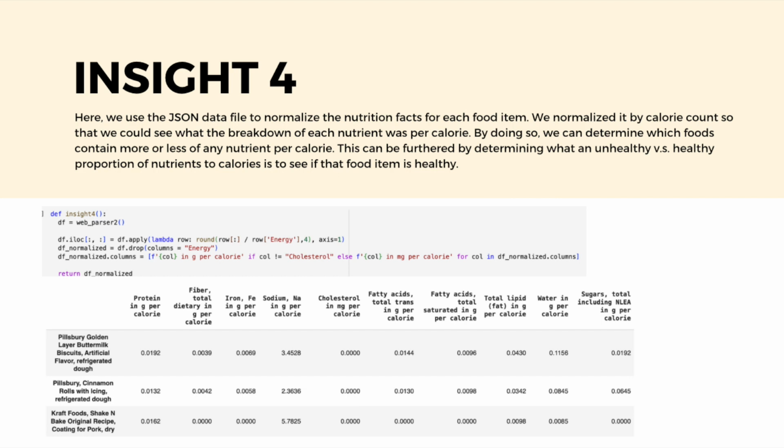This method allows for a more nuanced assessment of food items, identifying those that offer more essential nutrients per calorie. It also aids in differentiating between if a food is considered healthy or unhealthy based on their nutrient to calorie ratios, which provide valuable insights for nutritional studies and dietary planning.